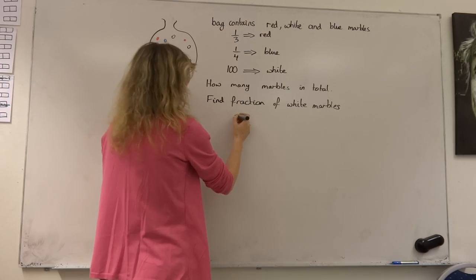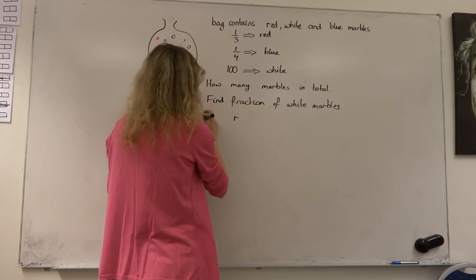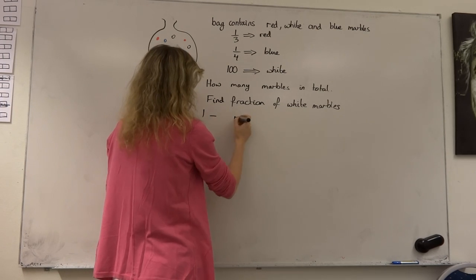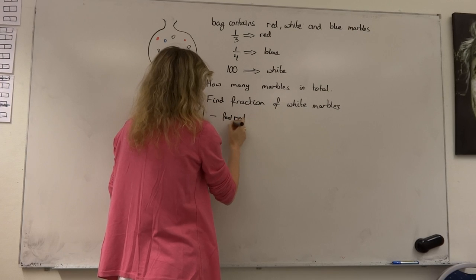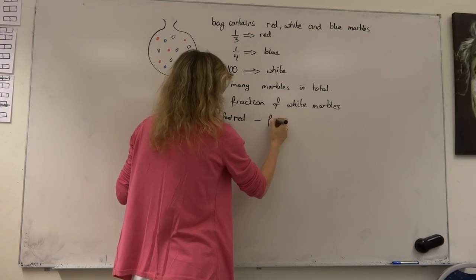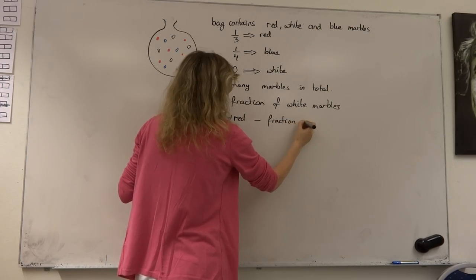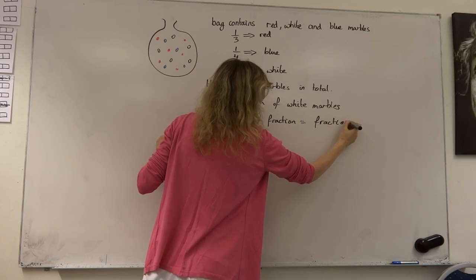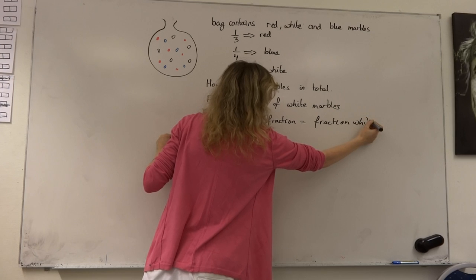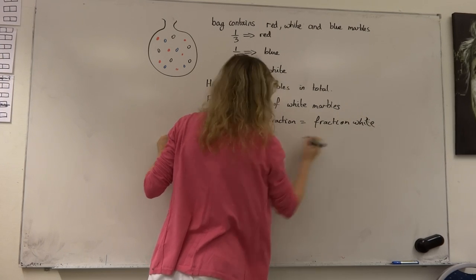So, if I would like to work out 1 minus the fraction of red minus the fraction of blue will give me my fraction of white. Because there are only 3 colours.